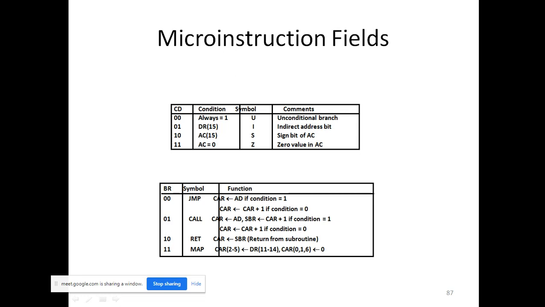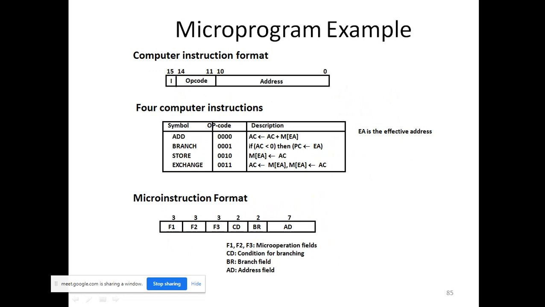If the result is 0, at that time the Z flag is indicated. So to indicate the condition of the status bits, we are using this condition instruction field.